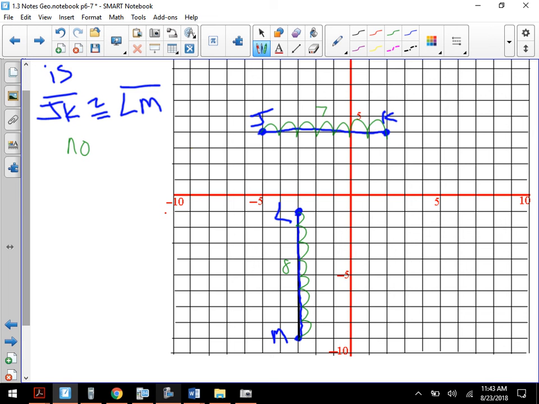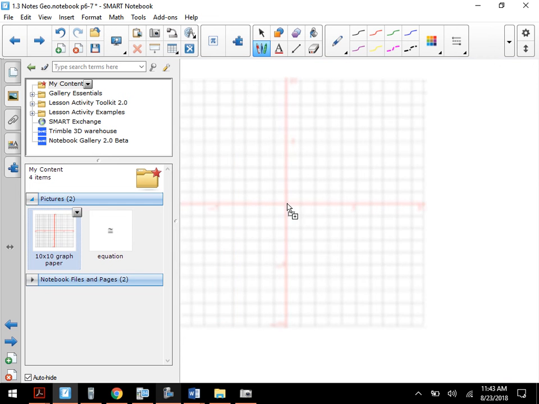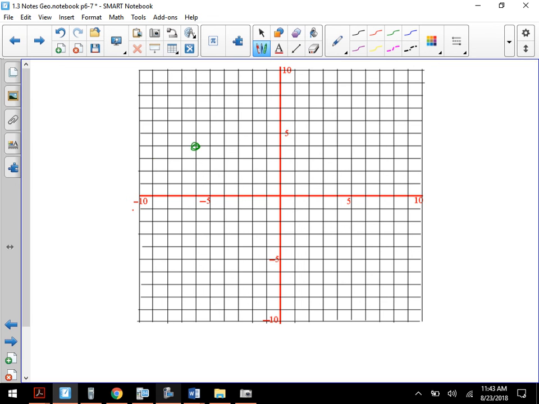Now, tomorrow, what we'll do is continue the idea on grid and how we can find segment lengths and stuff like that. We're going to use stuff that you have seen in the past. When you did this before, you guys found, remember using distance formula? There's actually a shortcut.